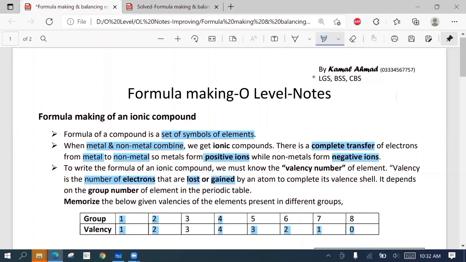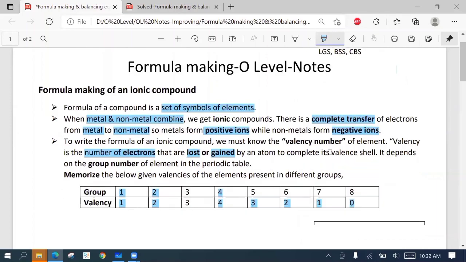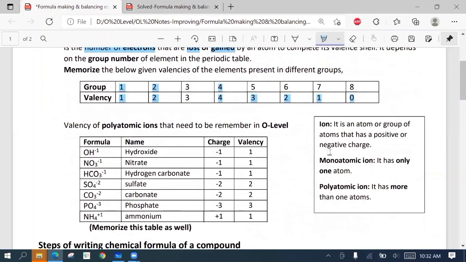There are two types of ions actually. One is polyatomic and the other is monatomic. So let's discuss what an ion is. An ion is actually a charged particle. There could be a positive or negative charge on an atom or a group of atoms, and that is called an ion.